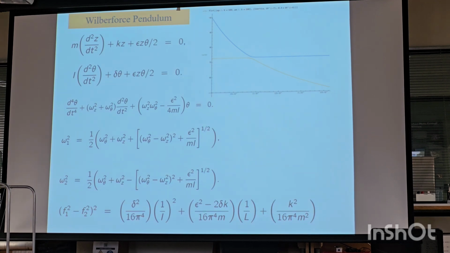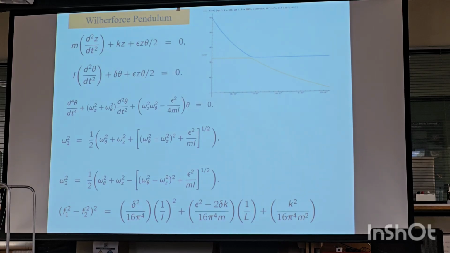It has never found any interesting use case scenario, but it's a pendulum that oscillates, but it can also turn around. So it can show torsion as well as oscillation. So there are two kinds of modes.